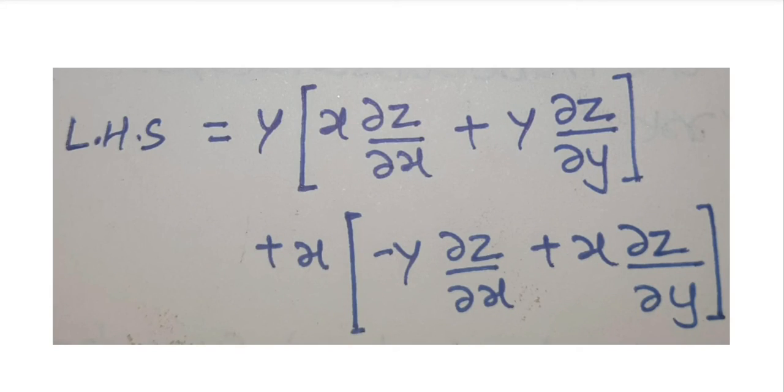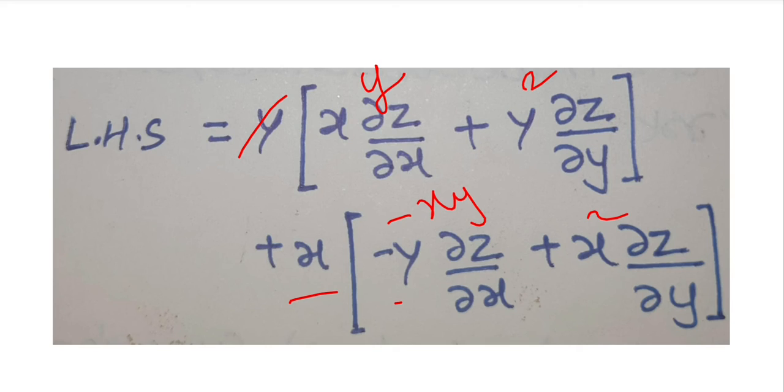Writing them like this, if we multiply the inside with y, here will be xy, here will be y², and multiplying by x it will be −xy, and here will be x².